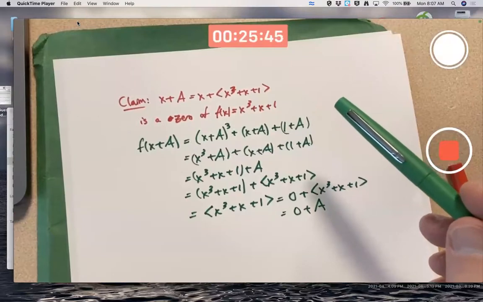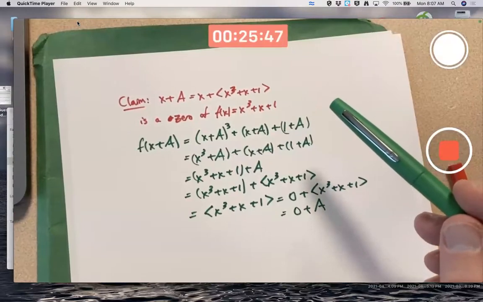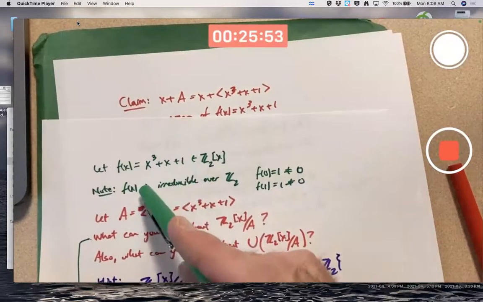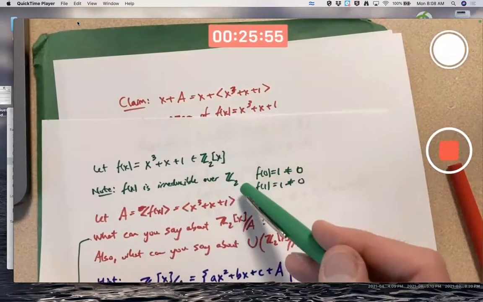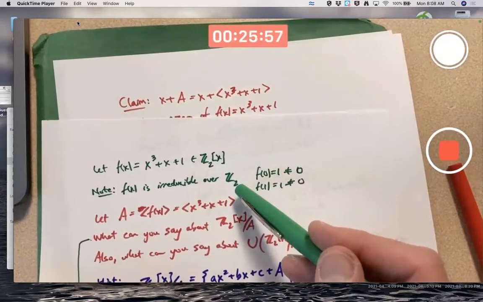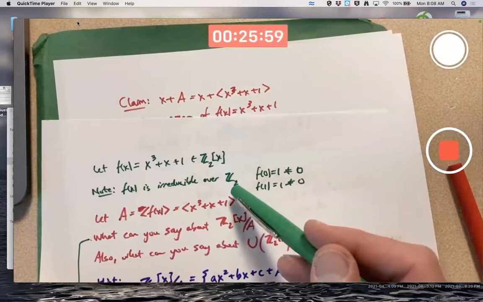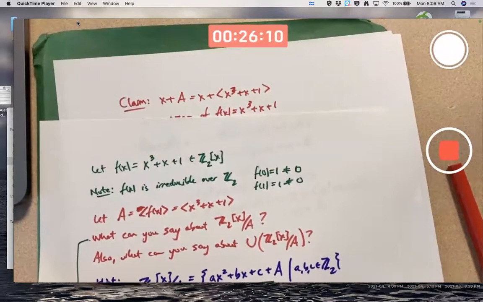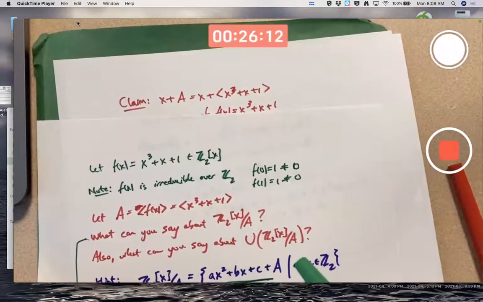Interesting. And true. And that will always happen, actually. If you've got a polynomial that's irreducible over, say, Zp, where p is a prime, and if it's cubic in particular, so we know it's irreducible if it's got no zeros. That would be the case also if it were quadratic.